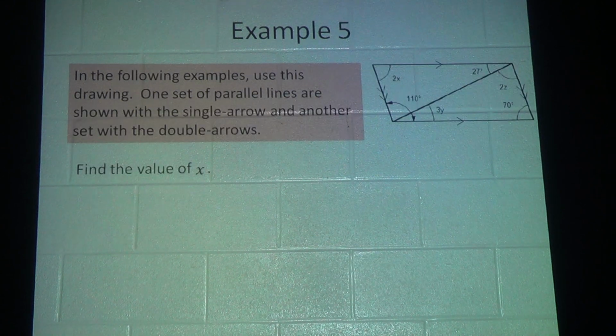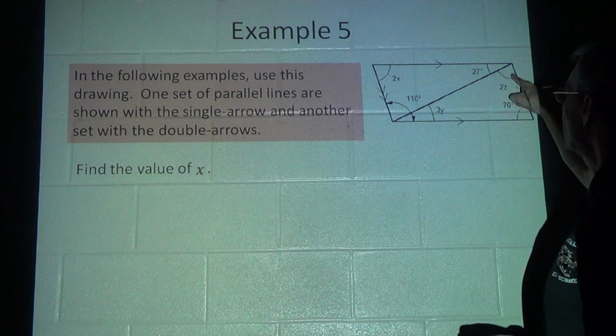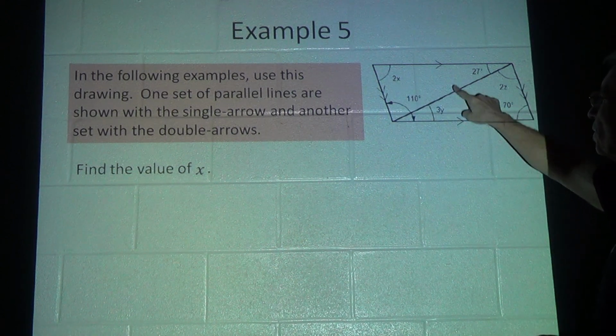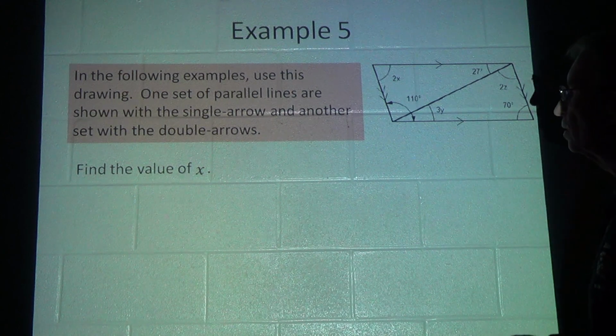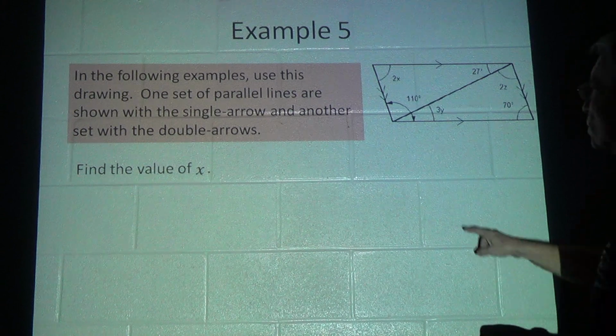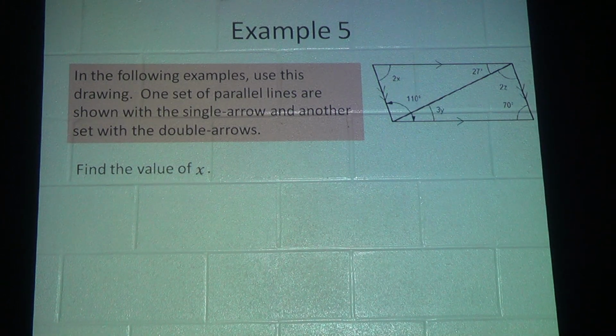Okay, example 5. This time they want us to find the value of x. Notice what they've got: a parallelogram, because this line and this line are parallel, as told to us by these arrows, and these two lines are parallel. We're looking for 2x, and we have a 110 this way.